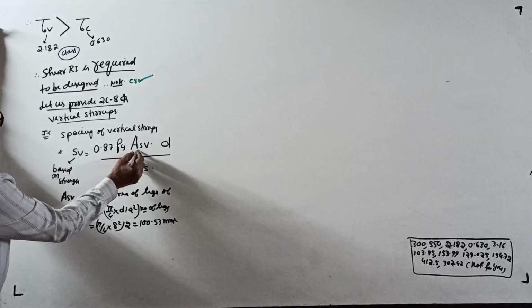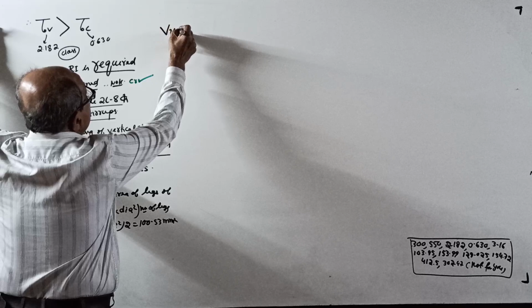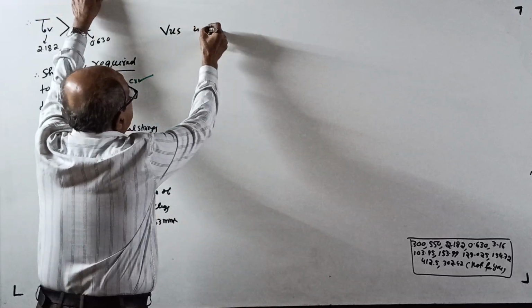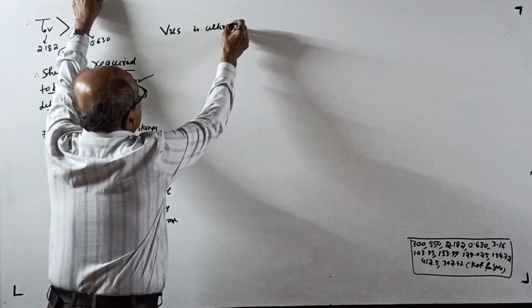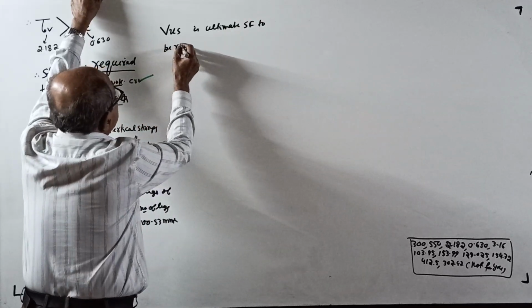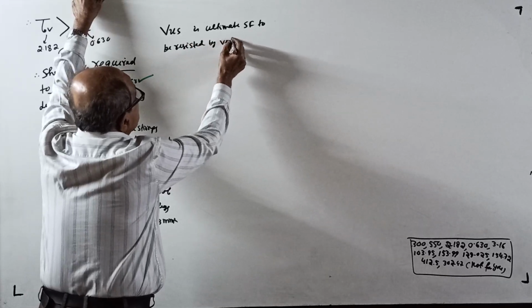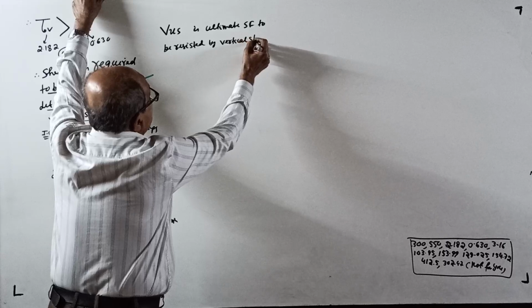Now this over VUS. VUS is the ultimate or factored shear force to be resisted by vertical stirrups. Very important now, vertical stirrups.